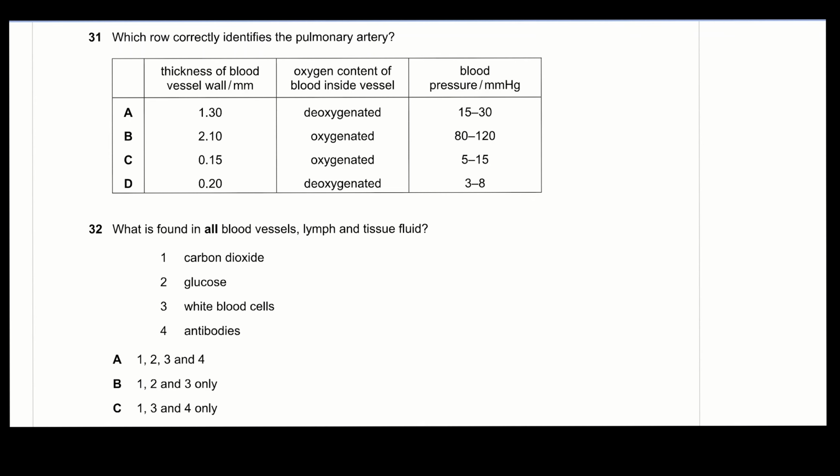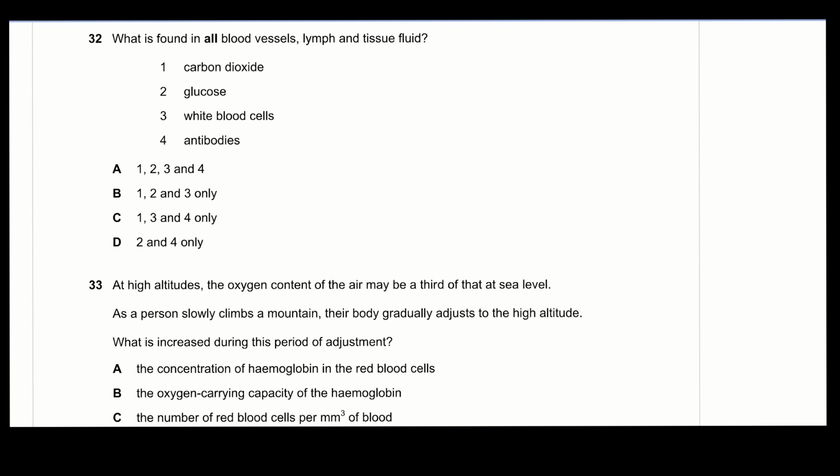Therefore, this basically means that the blood in the pulmonary artery is definitely going to be deoxygenated. So this is correct. And as we know, because it's an artery, the thickness of the blood vessel wall is definitely going to be thicker. So this is correct. And because it's also an artery, we know it's going to be at a higher pressure than 3 to 8. So this is going to be correct. The answer is A.